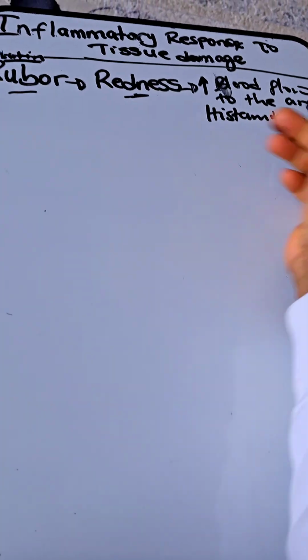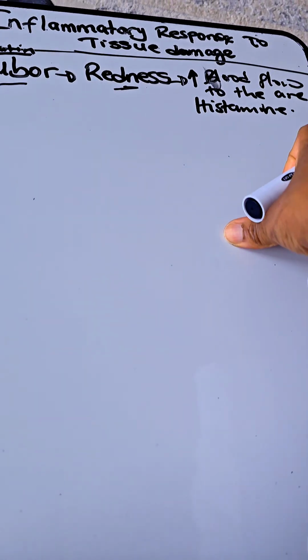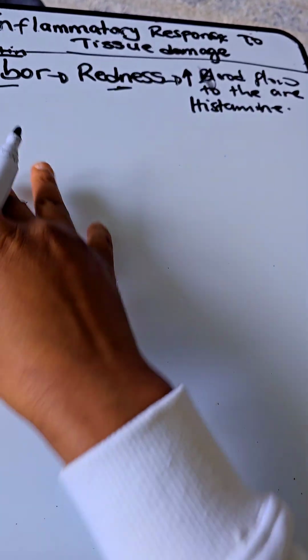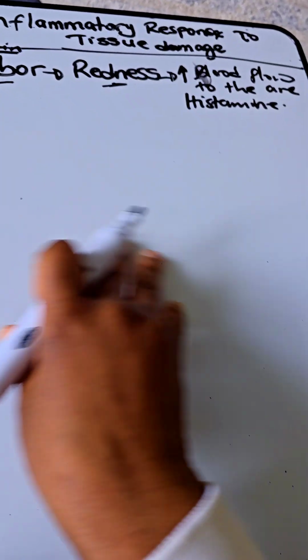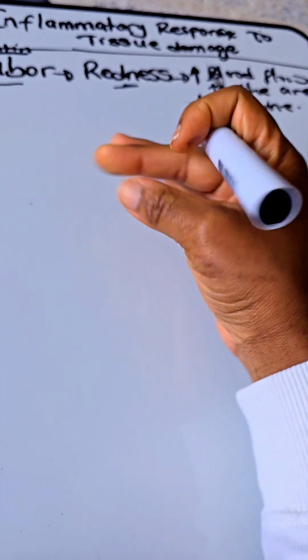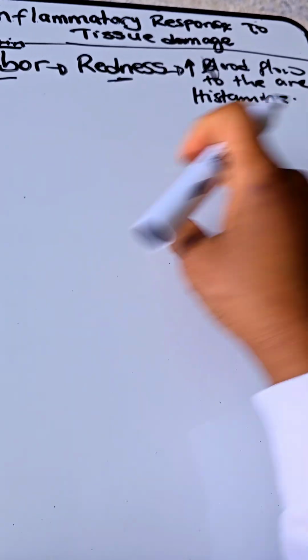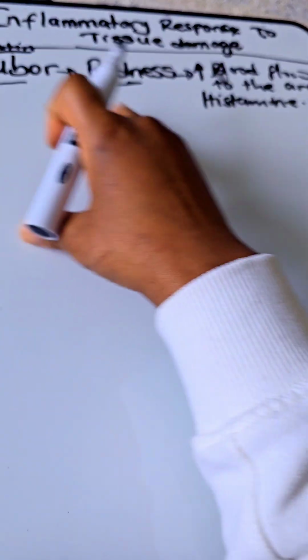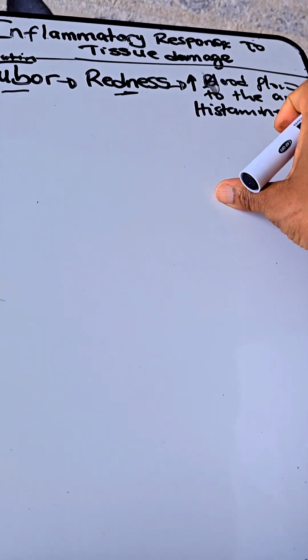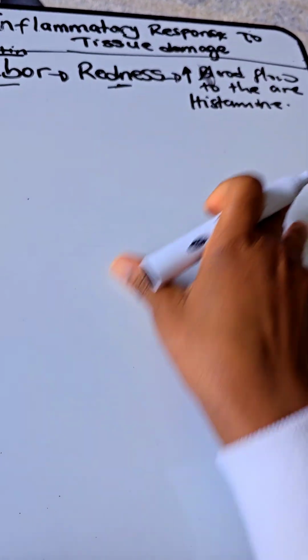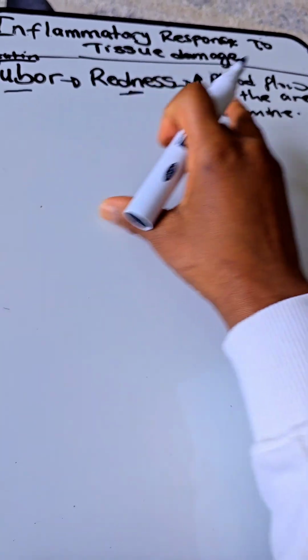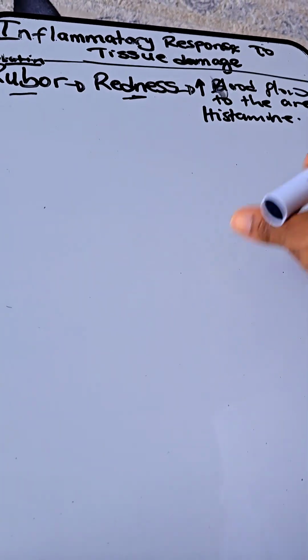Why does this happen? This will happen due to vasodilation. When there is vasodilation, the tissues around that cell become dilated, allowing more fluid, in this case blood, to flow to that area. So that red blood flowing to that area is what is causing the area to become red.